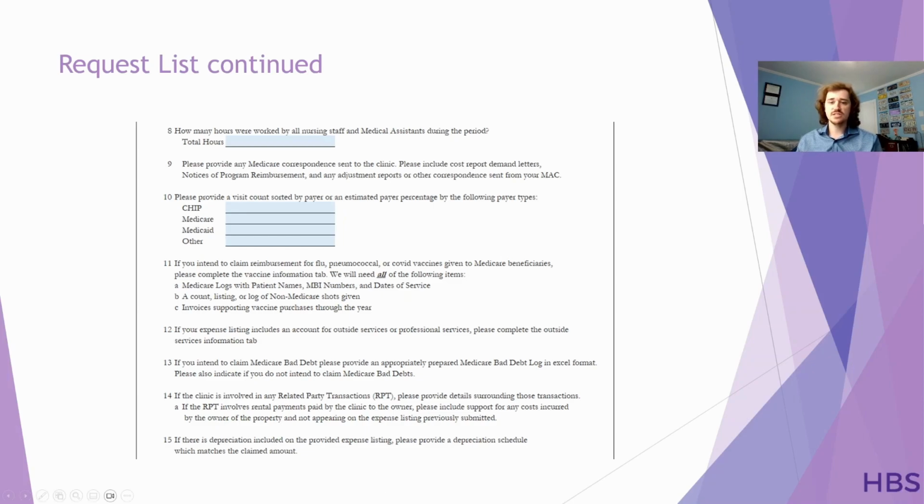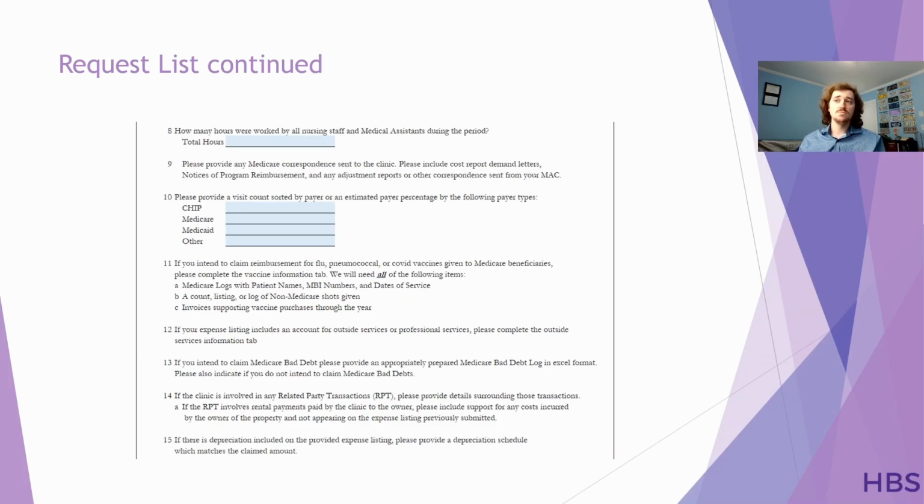Number 11 on our list is information about flu, pneumococcal, and COVID vaccines. We have a summary tab that we'll look at in just a little bit, but we do need the supporting information there, which is going to be Medicare logs that include patient names, Medicare numbers, and dates of service.